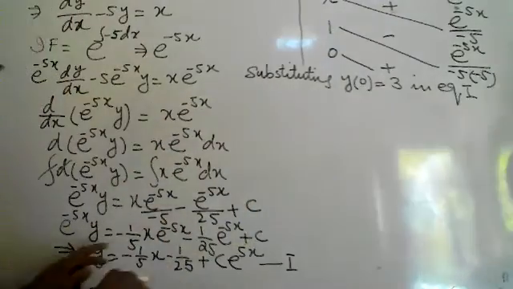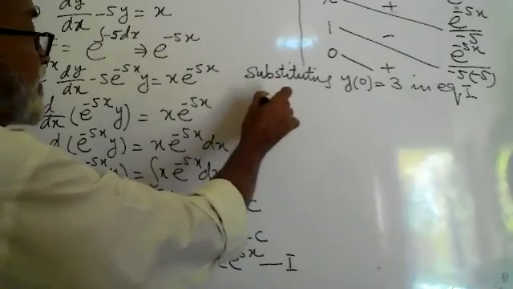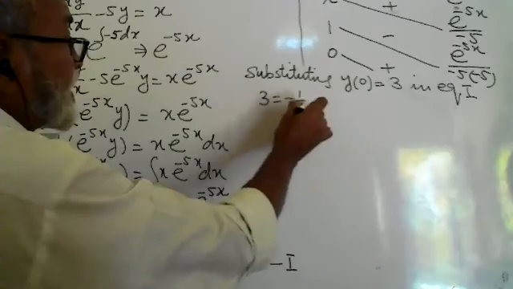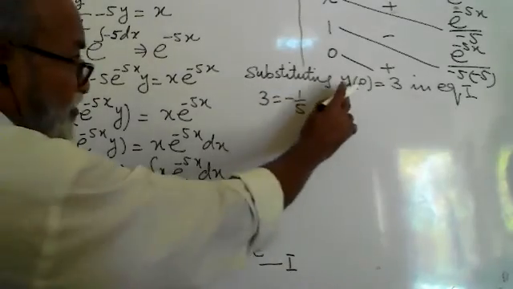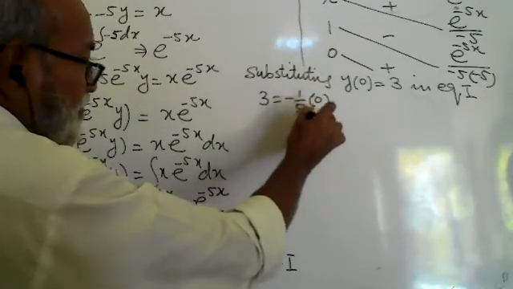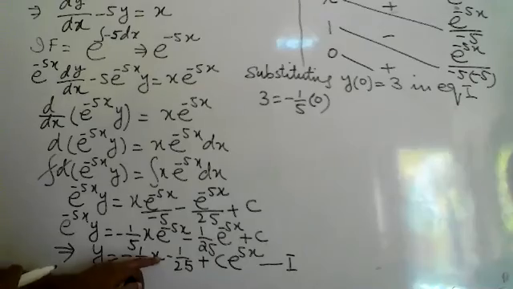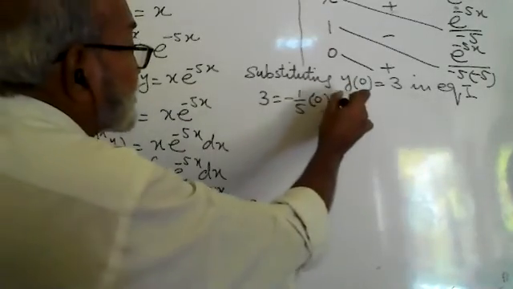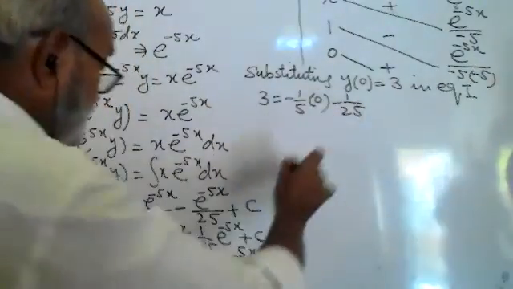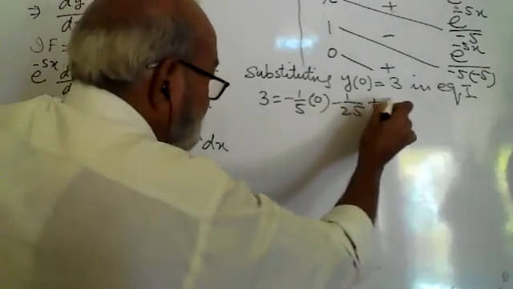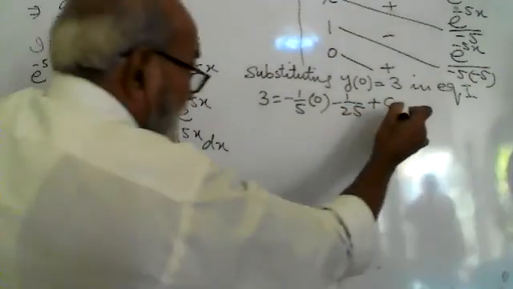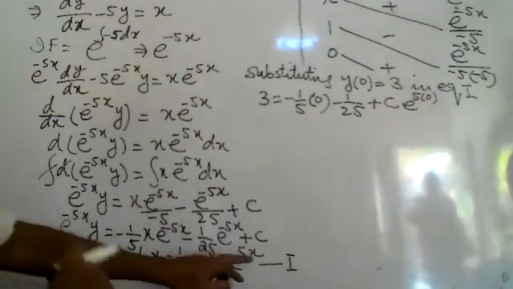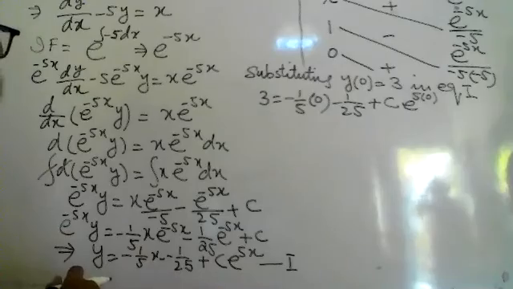Y is 3. So here 3 equal to minus 1 upon 5 into x, and x is 0, minus 1 upon 25 plus c e raised to power 5 into 0.